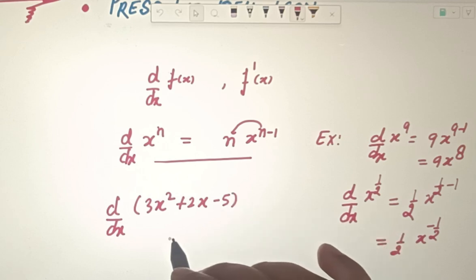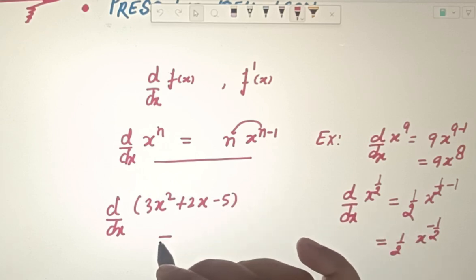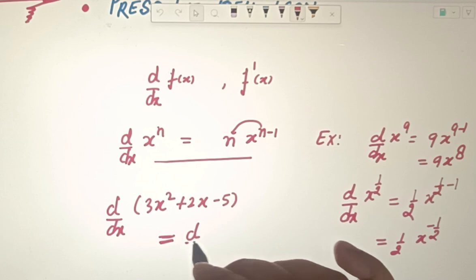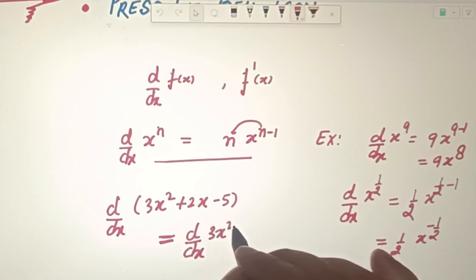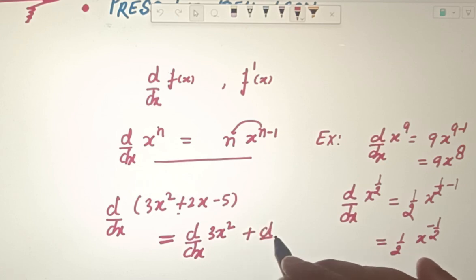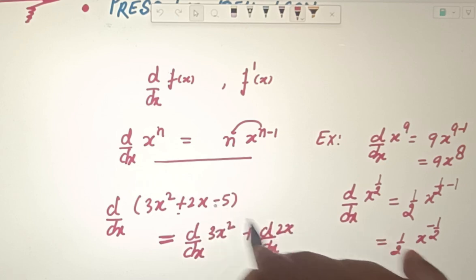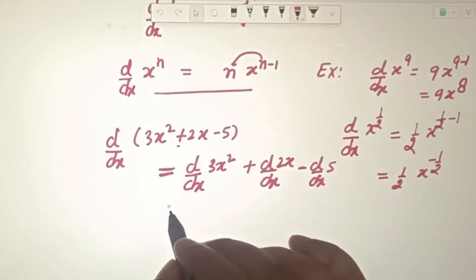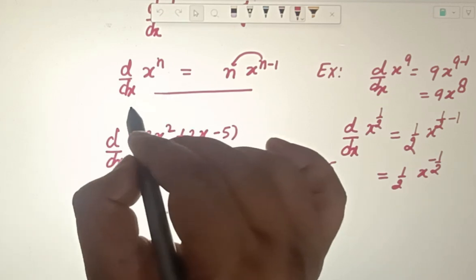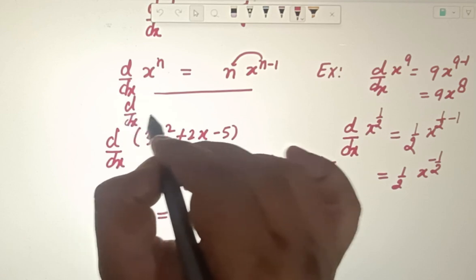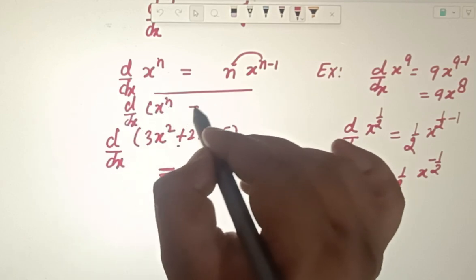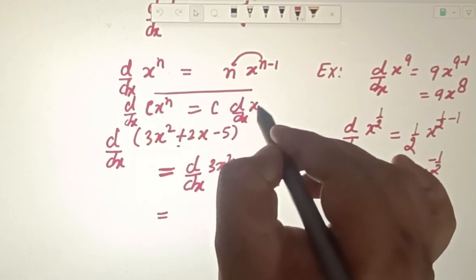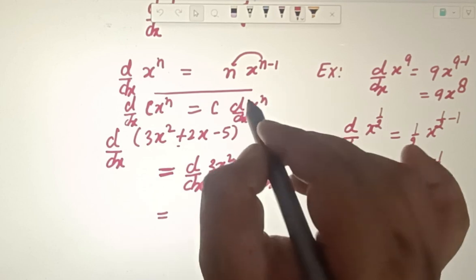Remember that derivatives distribute over plus and minus, so you can write it as d by dx of 3x square, plus d by dx of 2x, minus d by dx of 5. Now for a constant term, I'm extending this formula: d by dx of c x to the power n, the constant will come outside, times d by dx of x to the power n.